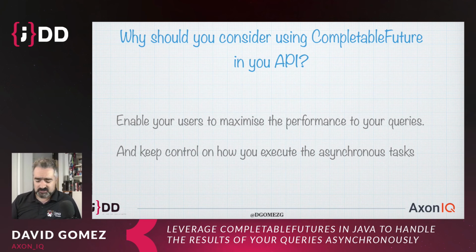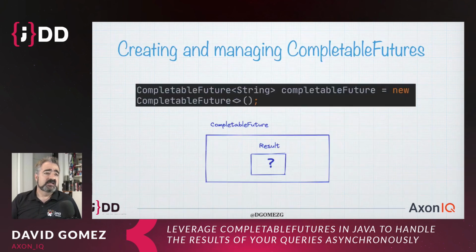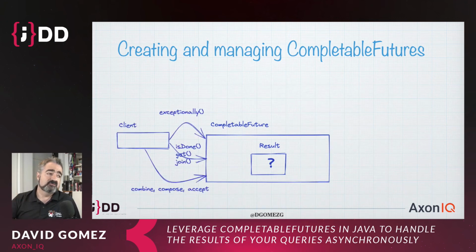So the way that we do this is basically you need to create a new CompletableFuture, which gives us a box that will contain a result that we could return to the client, and the client will get that, in order to chain different tasks, or to ask for the result, or ask if it's done or if it has executed with some kind of problem.